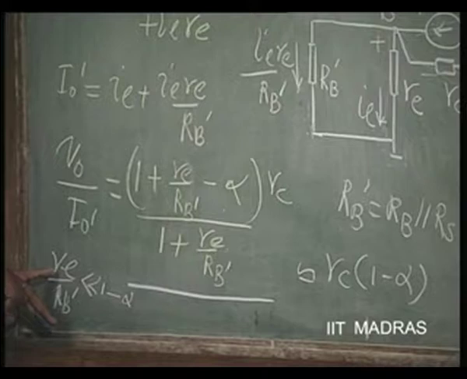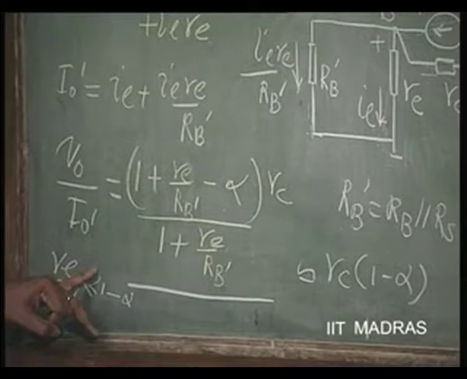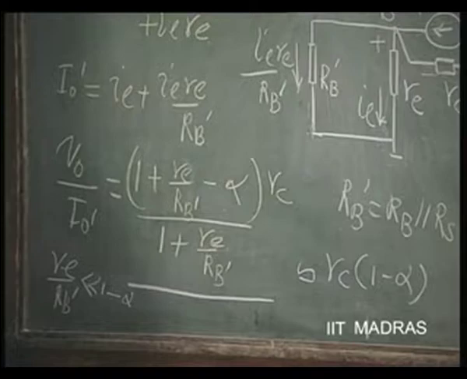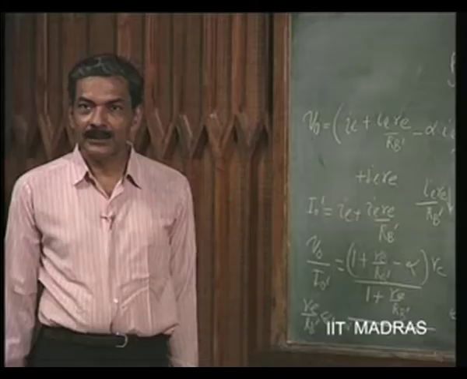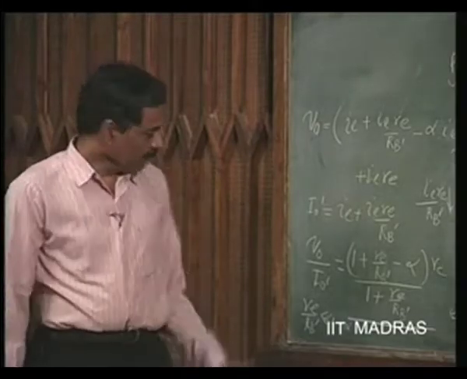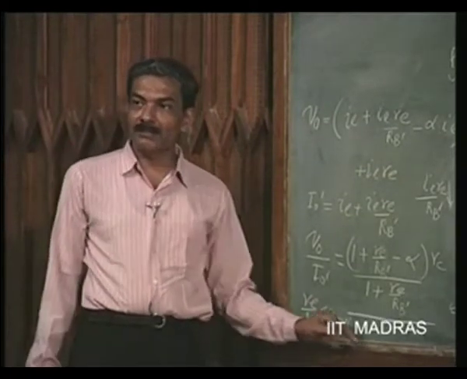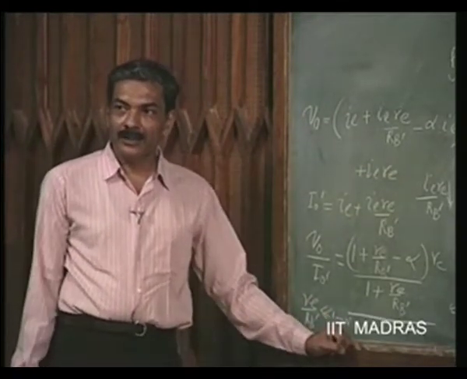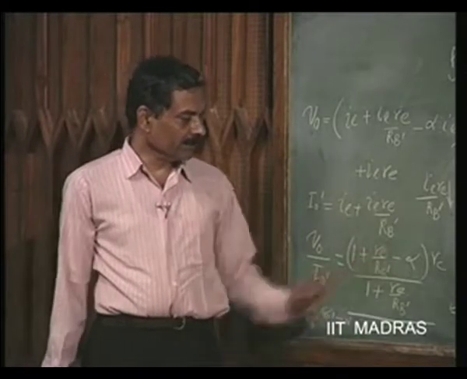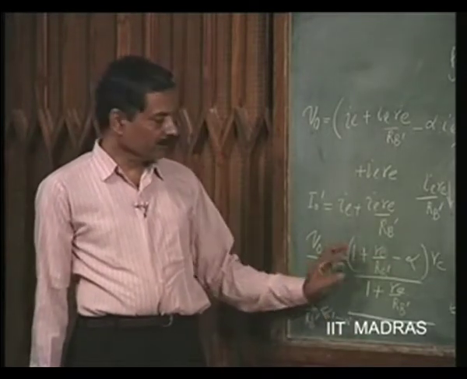If you have a resistance also in series with the emitter, it will be R E plus capital R E divided by R B dash must be much less than 1 minus alpha, then you will call it a common emitter amplifier. If R E plus capital R E by R B dash is much greater than 1 minus alpha, what happens?